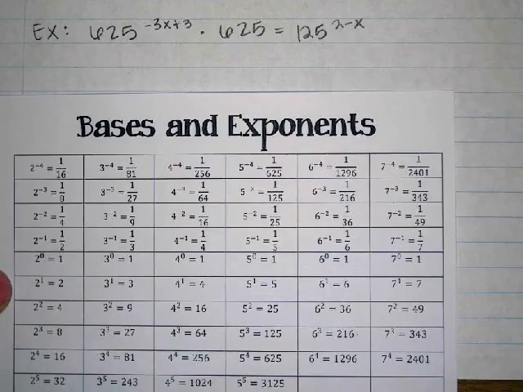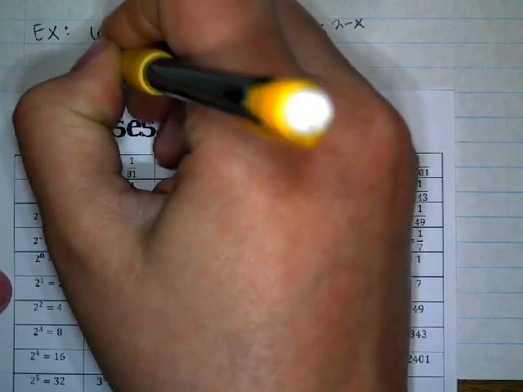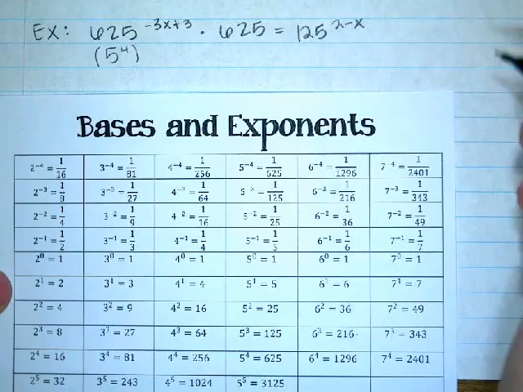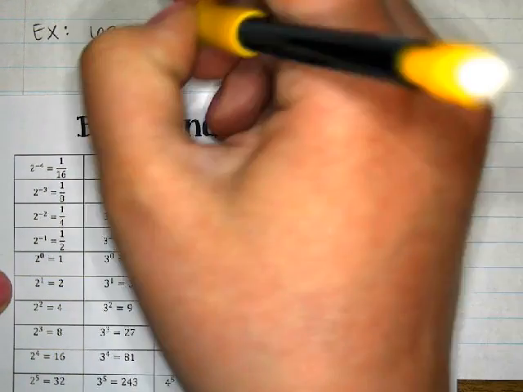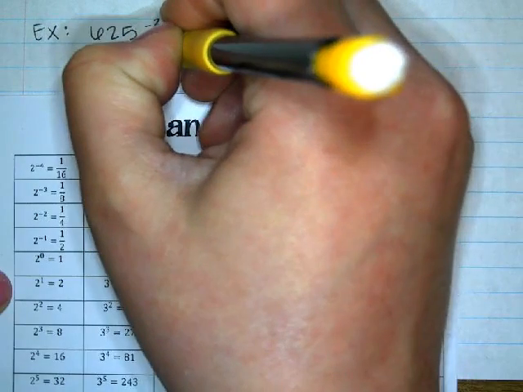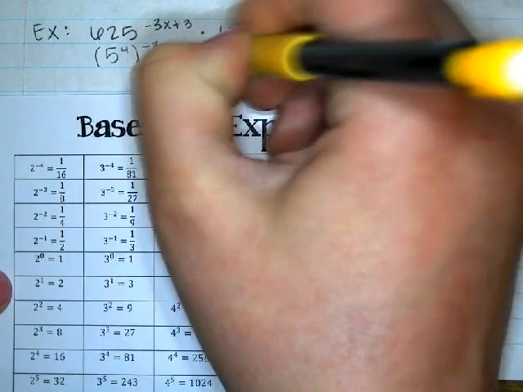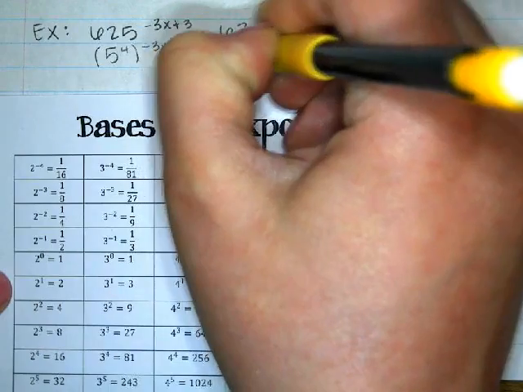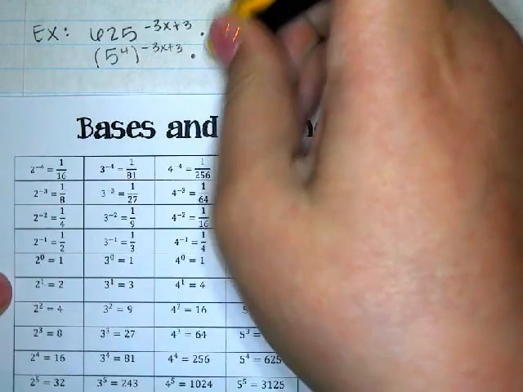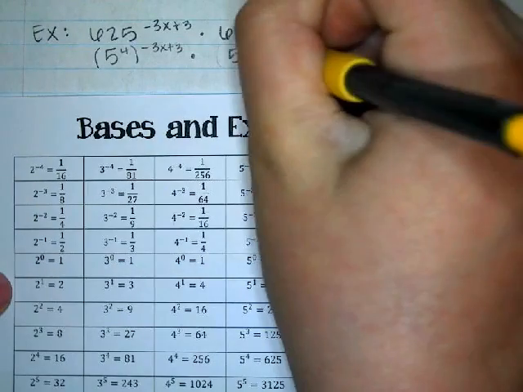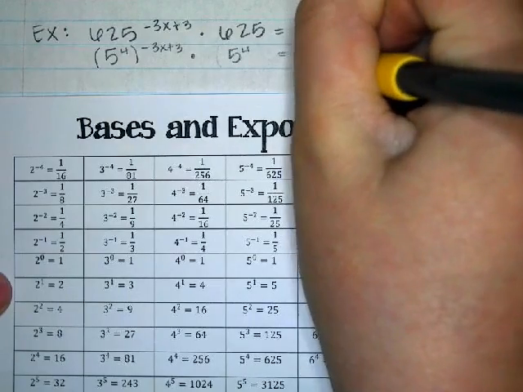So we've got 5 to the 4th to the negative 3x plus 3, times 5 to the 4th, equals 5 to the 3rd to the 2 minus x.